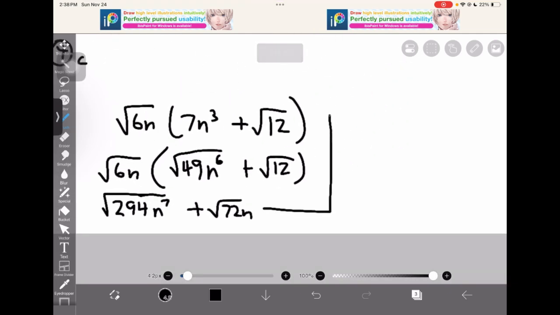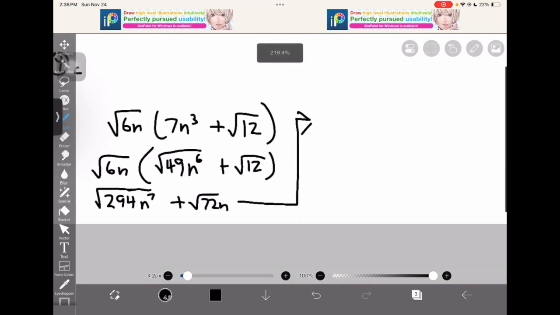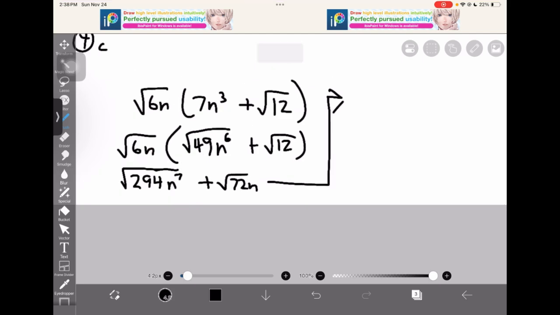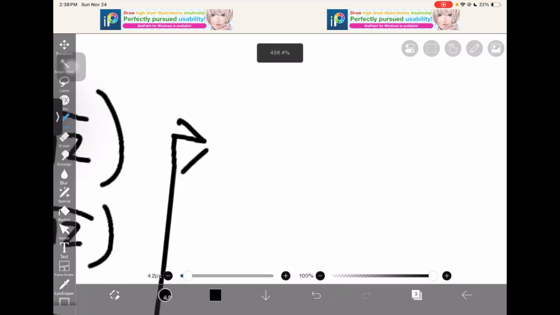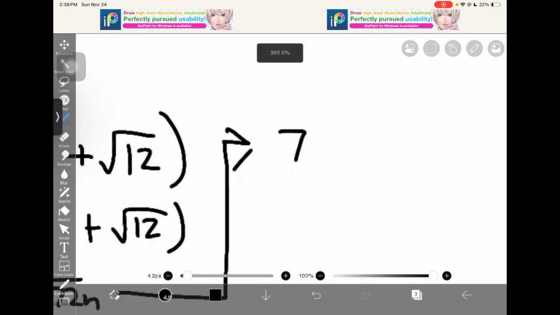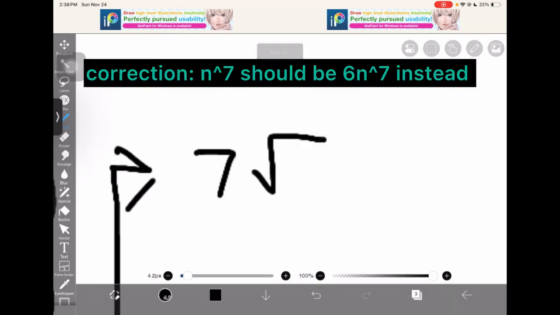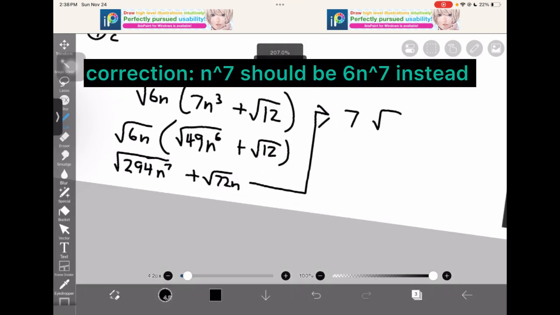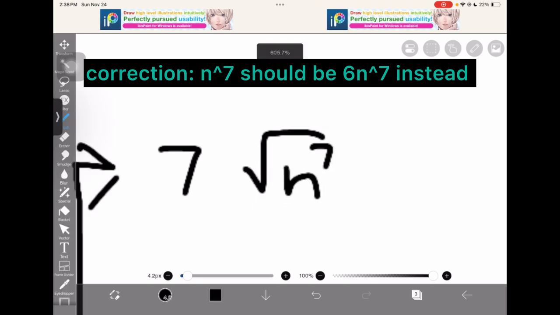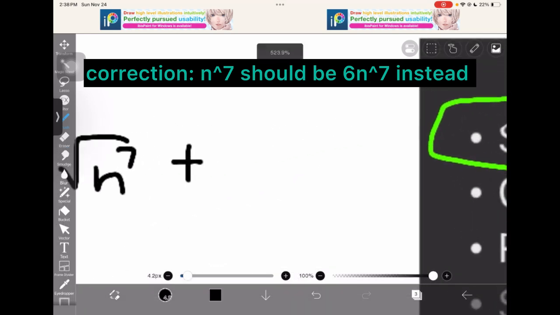Anyway, so once again, we can just take out the 7 for good measure. Yeah, 7. We can take again the 7 for good measure. And then you're left with 6, n raised to 7, sorry. And then plus 72n square root.